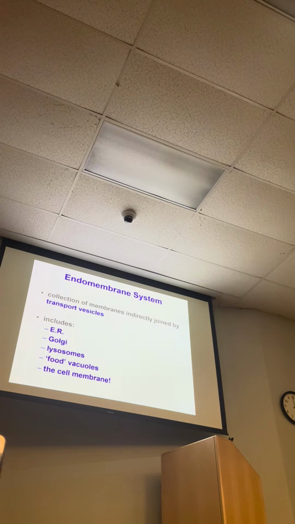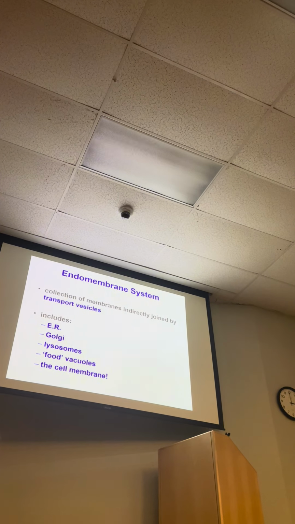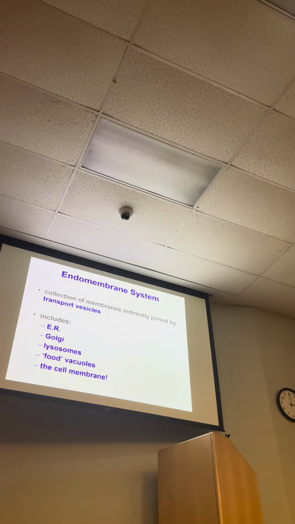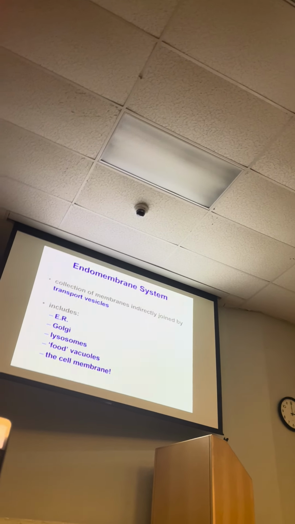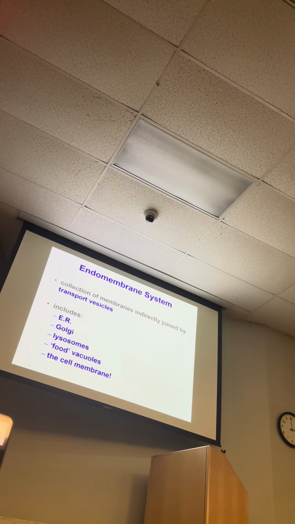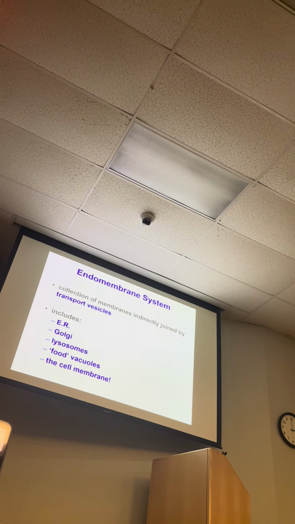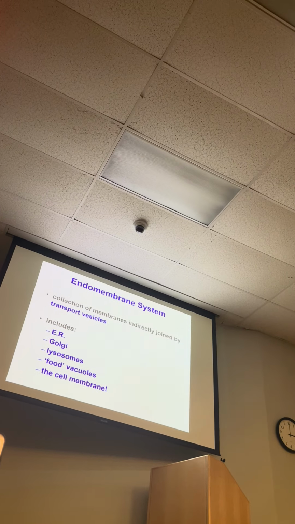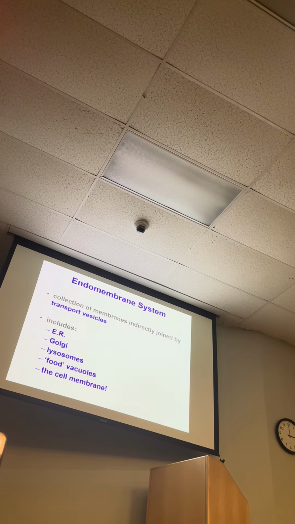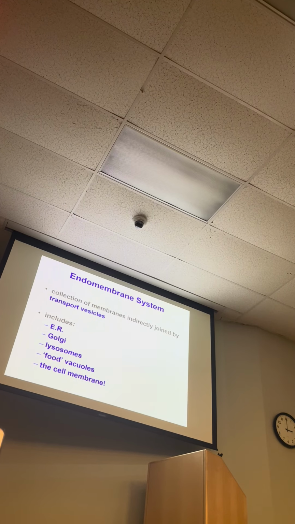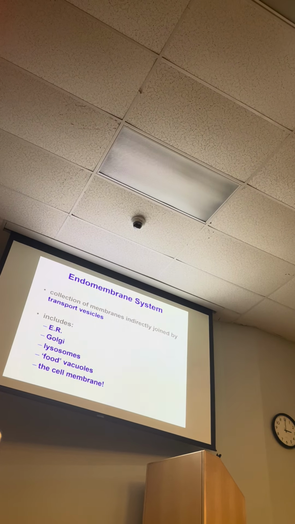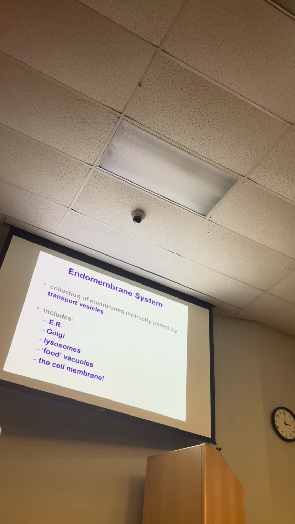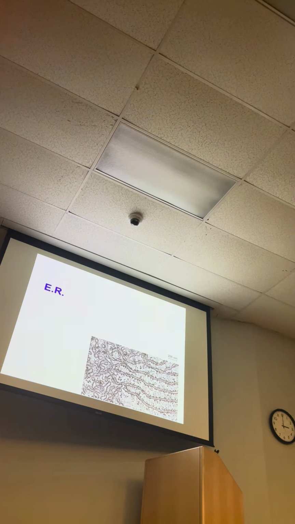Inside. The cell membrane is not inside, it encloses the cell. Nonetheless, it's part of the endomembrane system, because what? It's part of that system or collection of membrane that can bud and fuse transport vesicles. Okay? Questions? Really? Okay, if not, let's get into it then.